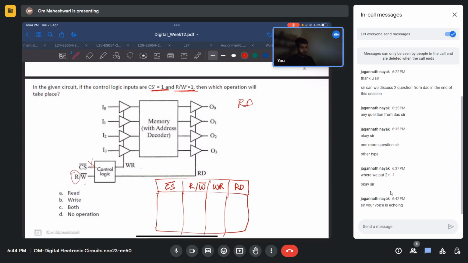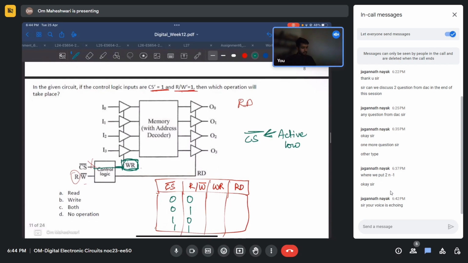So just make the truth table: 0 0, 0 1, 1 0, 1 1. What does CS bar mean? If anything has a bar, that means it is active low. The output of CS bar is write.